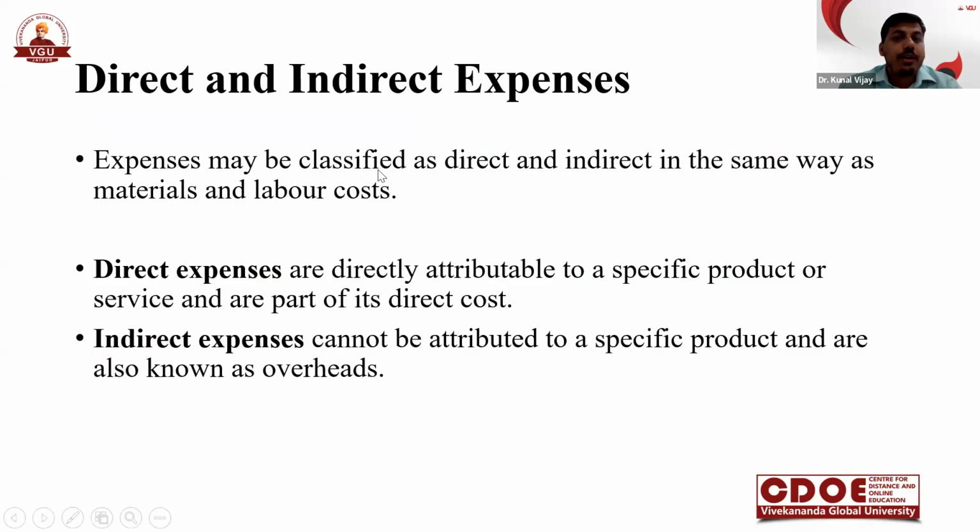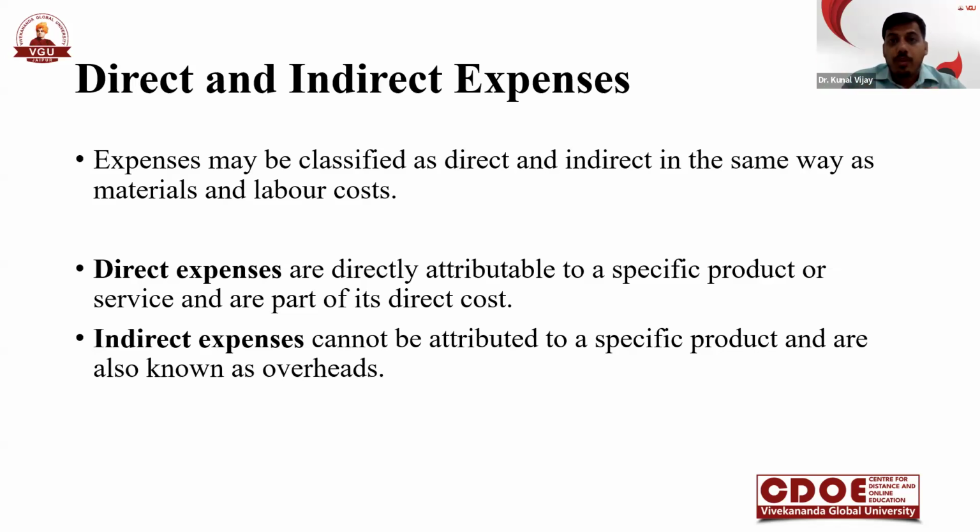Now, direct and indirect expenses. This is important. As we have discussed in material and labor, in the same manner we are discussing direct and indirect expenses. Direct expenses are directly attributable to a specific product or service, and indirect expenses cannot be attributed to a specific product, which is a common expense.